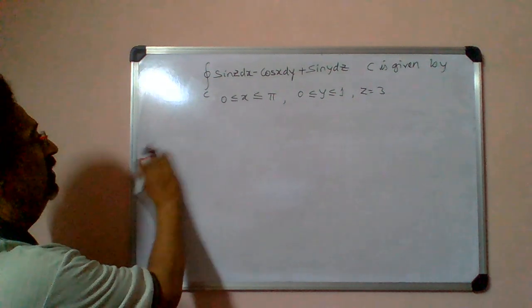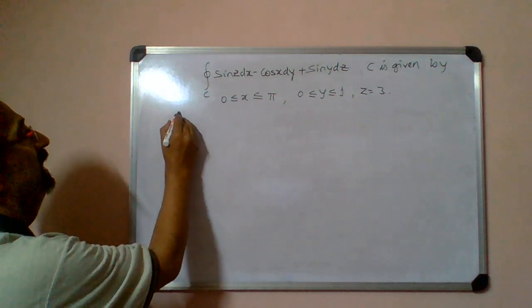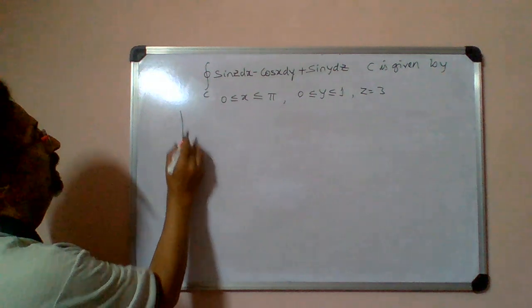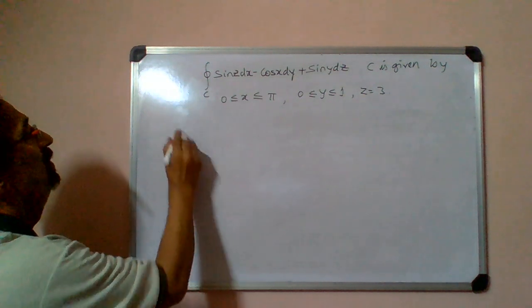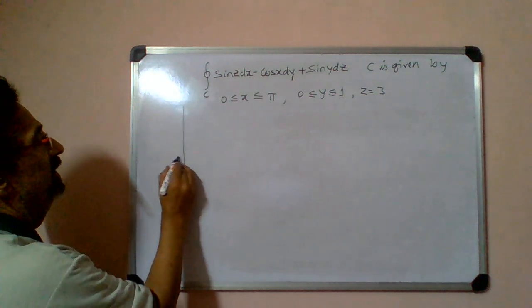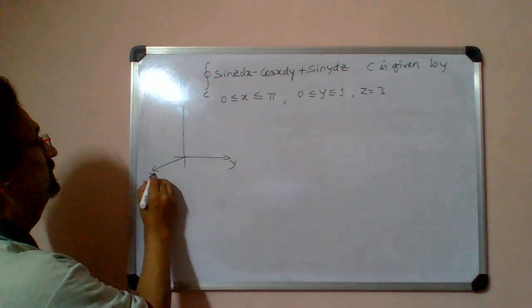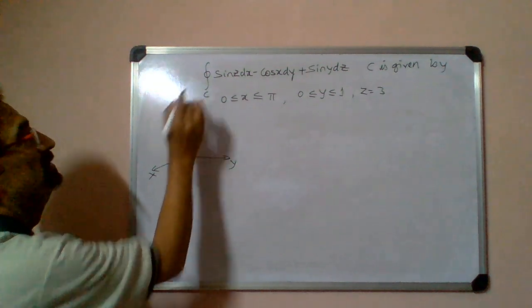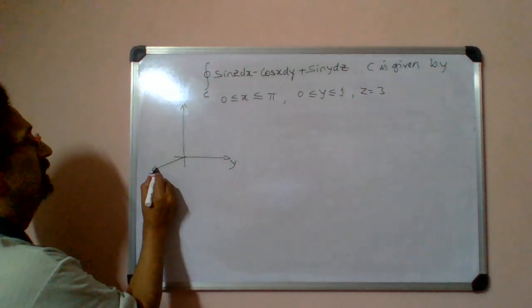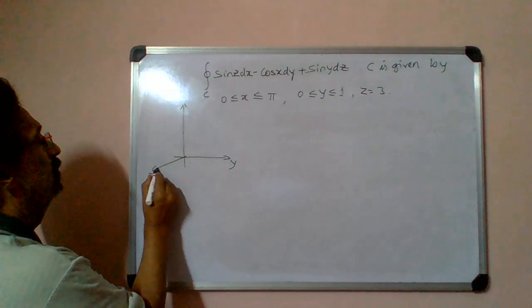So clearly, if I draw the figure, how does it look? It will be a surface parallel to the xy plane. So this is the y-axis, this is the x-axis, this is the z-axis. So x varies from 0 to pi.